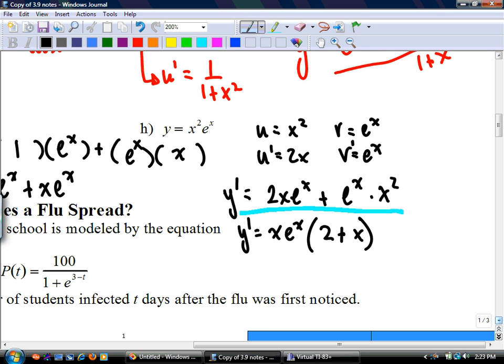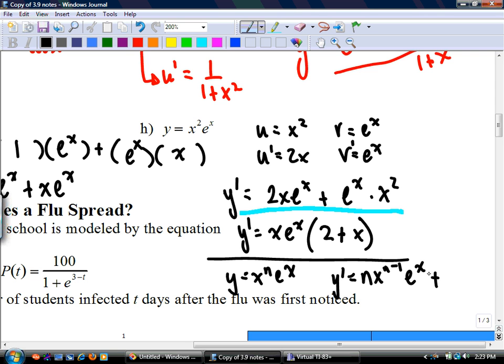Yeah, I kind of get what you're saying. If you get y equals x to the n e to the x, its derivative will be n x to the n minus 1 e to the x plus e to the x times x to the n.